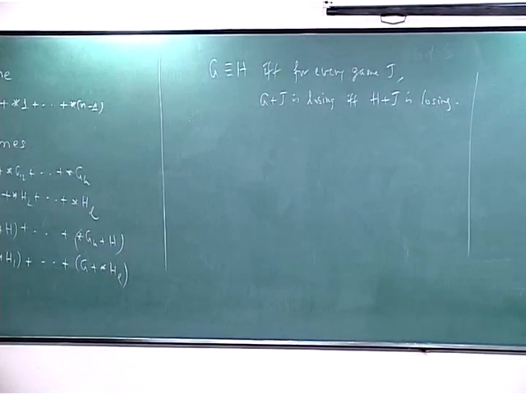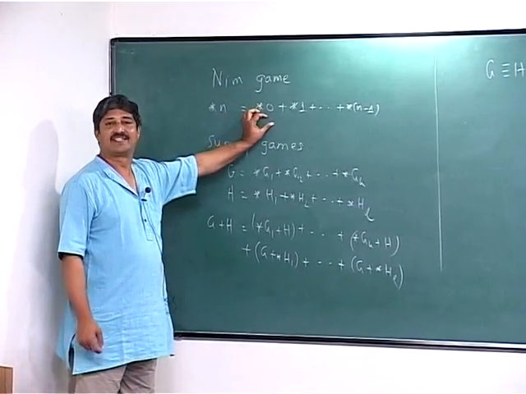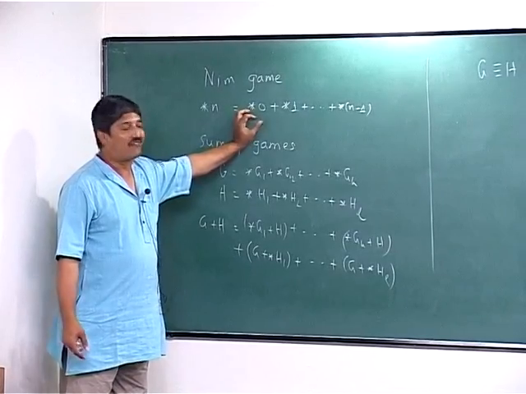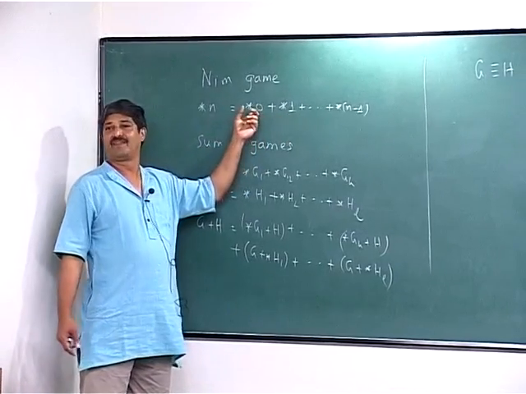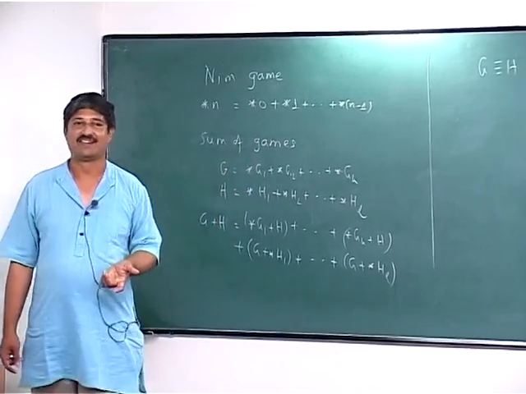What's the notion of a game being losing? Look at the game star 0, that is losing, for sure. Now, if a game has a sum, one of which is losing, then the entire game is winning. Why is that?